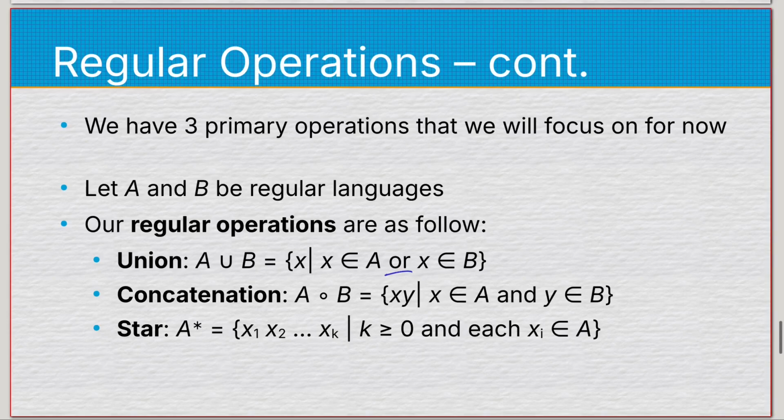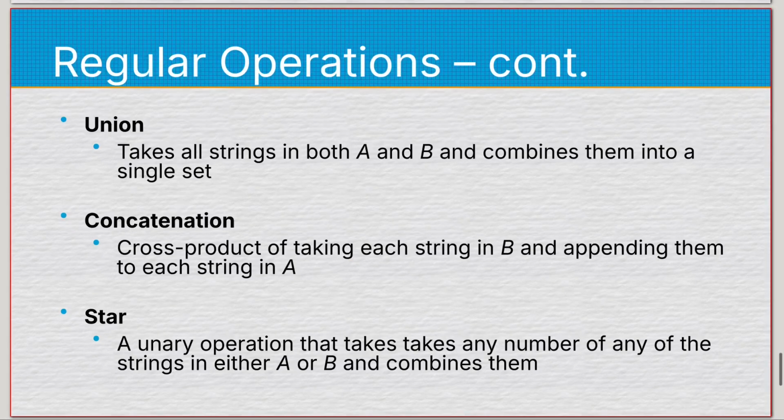It's just any number of repetitions. You can think of it as a loop. So union takes all strings in both A and B and combines them into a single set. Concatenation, a cross product, takes each string in B and appends it to each string in A. And star is a unary operation that takes any number of the strings in A and combines them.